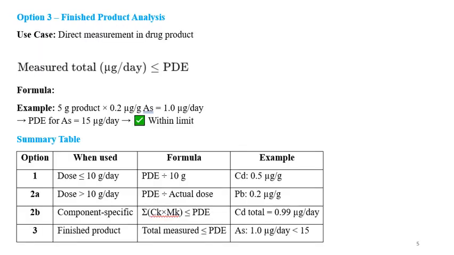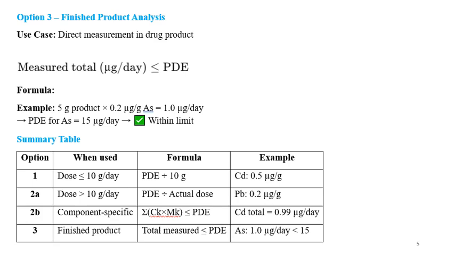Now coming to Option 3. It is the analysis of the drug product. If the product is not meeting Option 1, 2A, 2B, then we need to do the finished product analysis. It is direct measurement of the impurity in the drug product by testing. So the measured total elemental impurity in microgram per day should be less than the PDE.